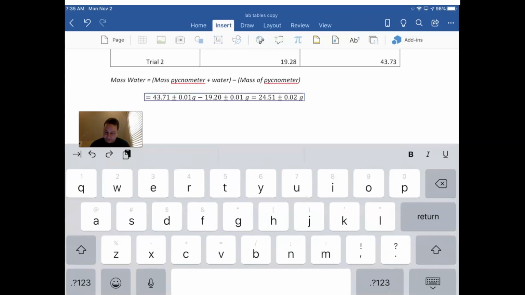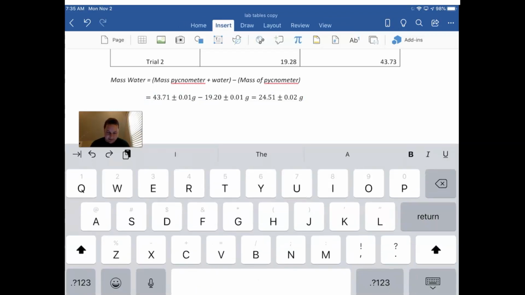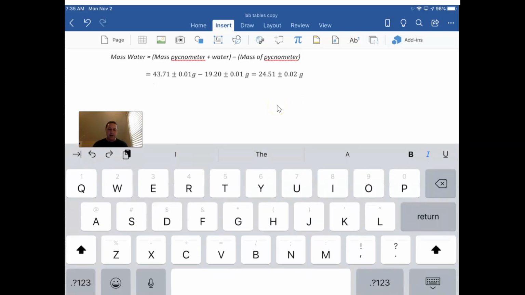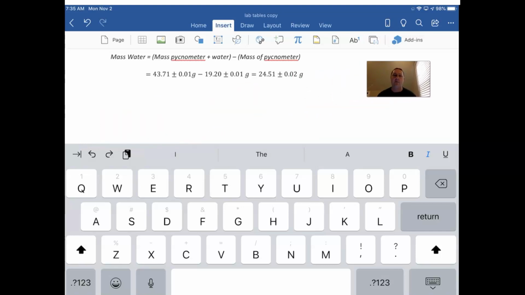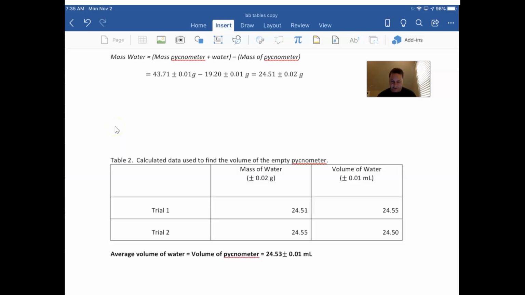So now I'm in here, and I want to go down a couple lines here, because if you put it right away, it's going to sort of run the two calculations together, and it's going to be somewhat hard to tell what is going on. We really want to make sure that we can see the different calculations of water. So this one is volume of the water.